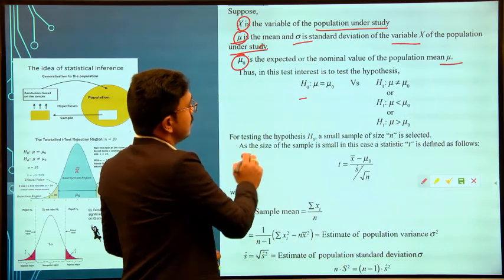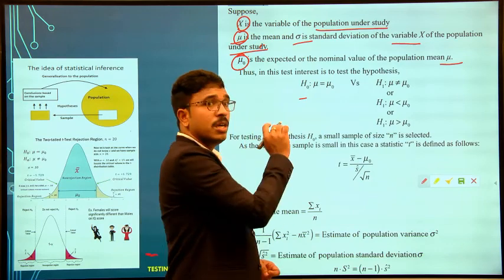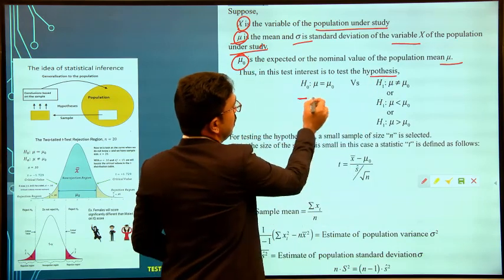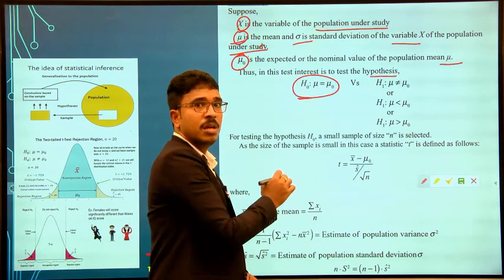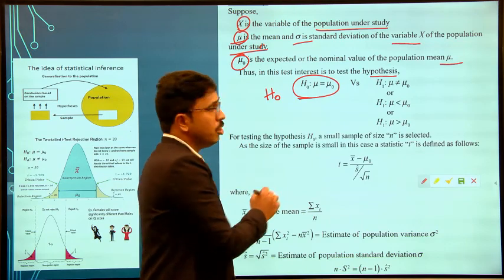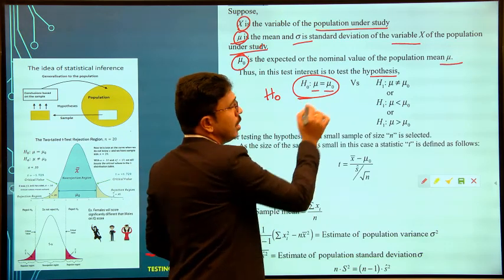Thus the interest is to test the hypothesis, where we set our null hypothesis. The null hypothesis we always represent with H naught. You can see here mu is equal to mu naught.